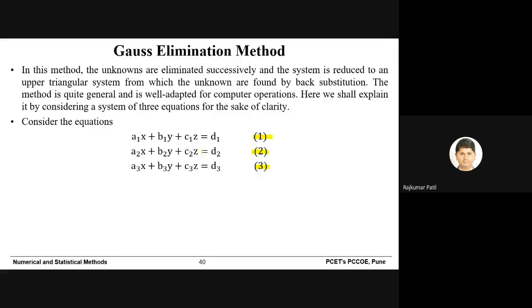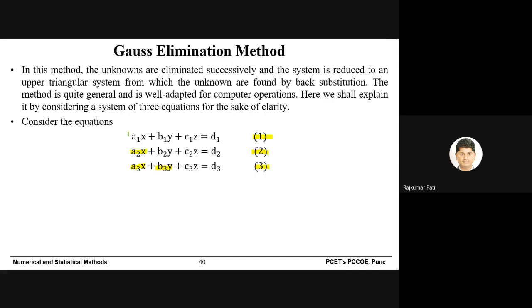So what you need to do, from equation number 2, you need to make this particular term, that is a2x, as 0. Then from equation number 3, you need to make a3x and b3y equal to 0. So what will happen? The equations will be converted to an upper triangular matrix.